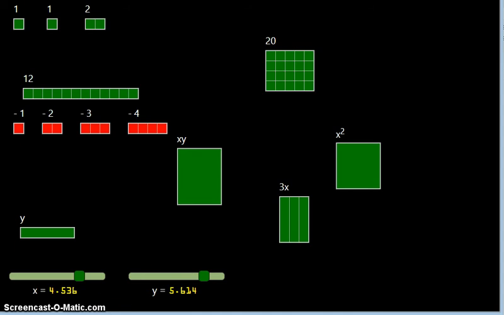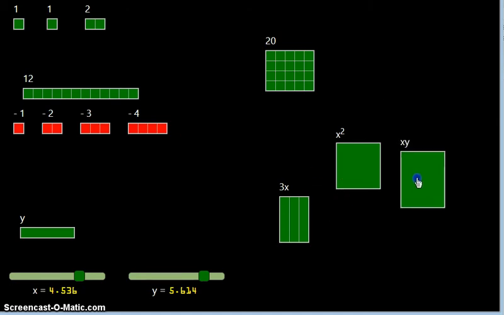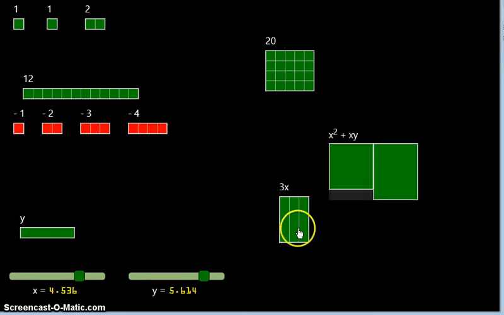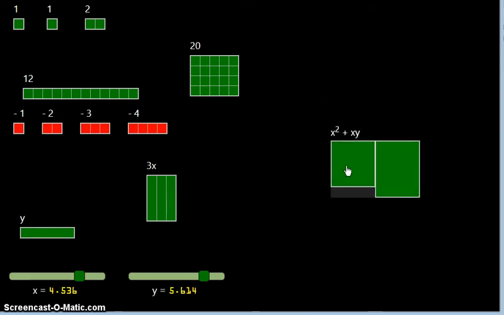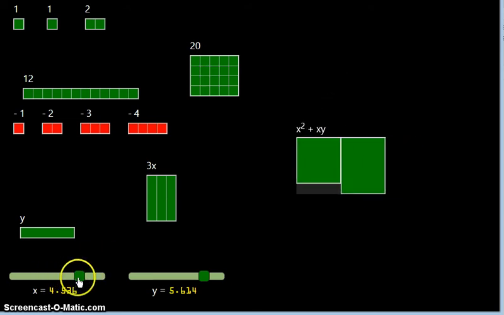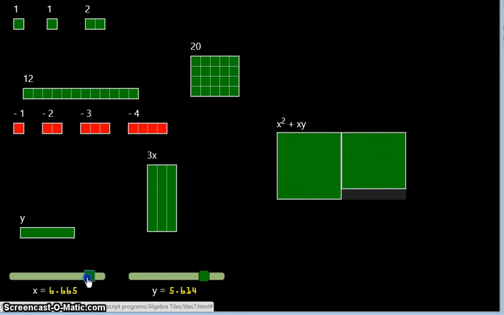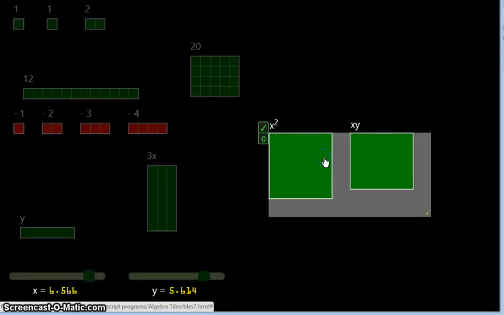So now I would like to, let's add x squared and xy. So I built a little polynomial there, and it doesn't look so good because, well, its edges don't quite agree. Sometimes it's impossible to make them agree, but here I can make them agree.